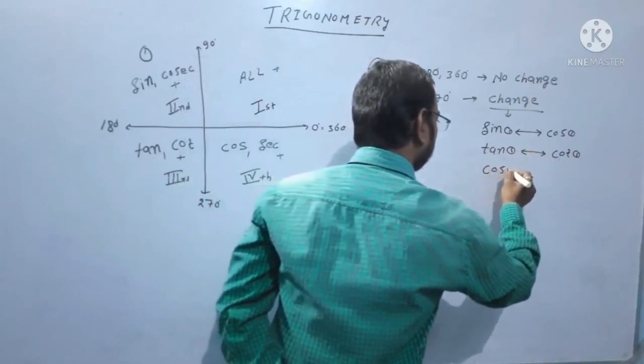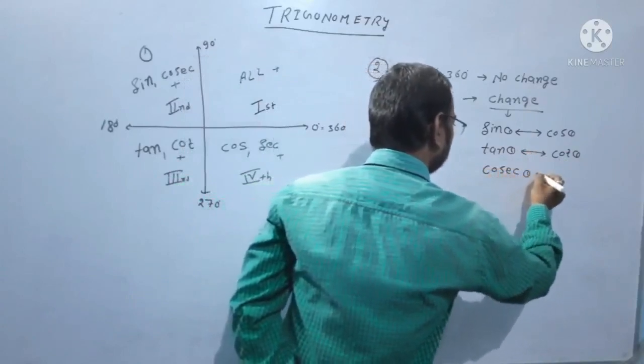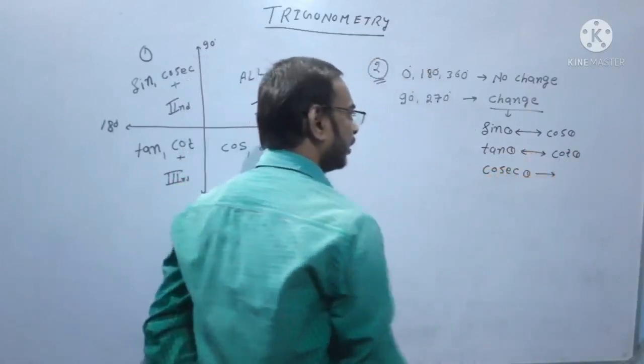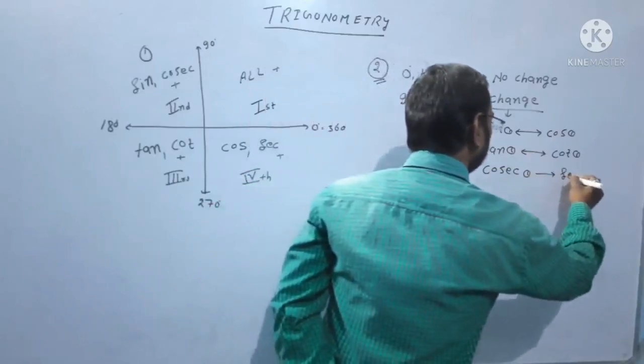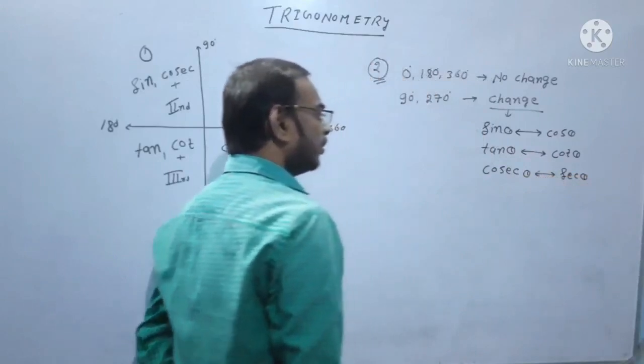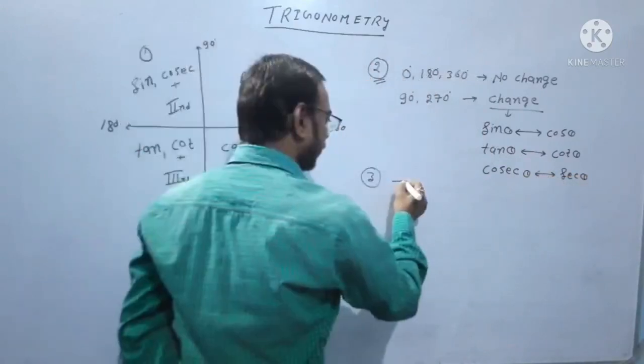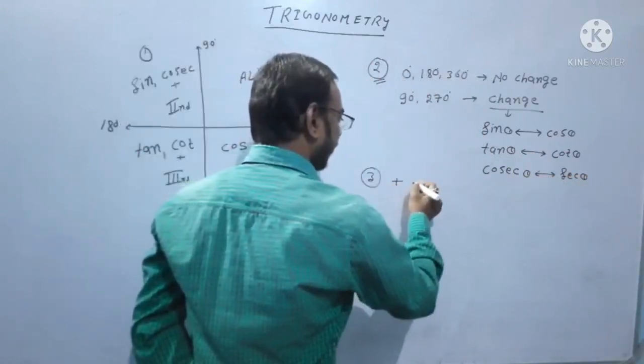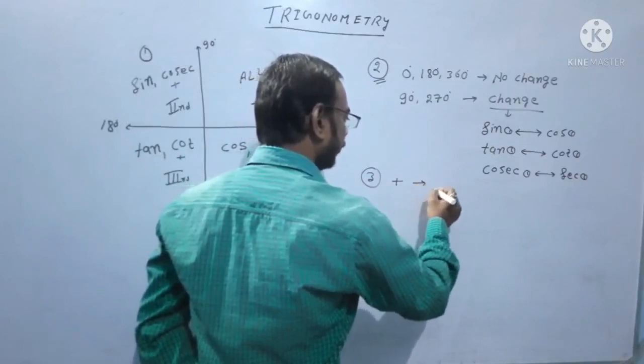If we say cosec theta, then it is converted into sec theta, and sec theta is also converted into cosec theta.